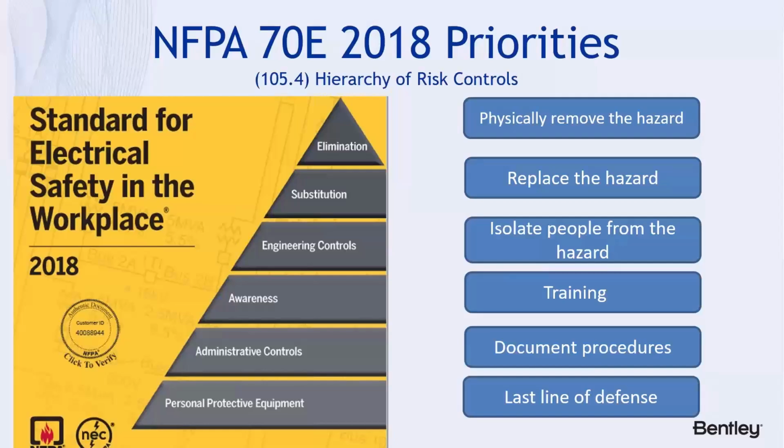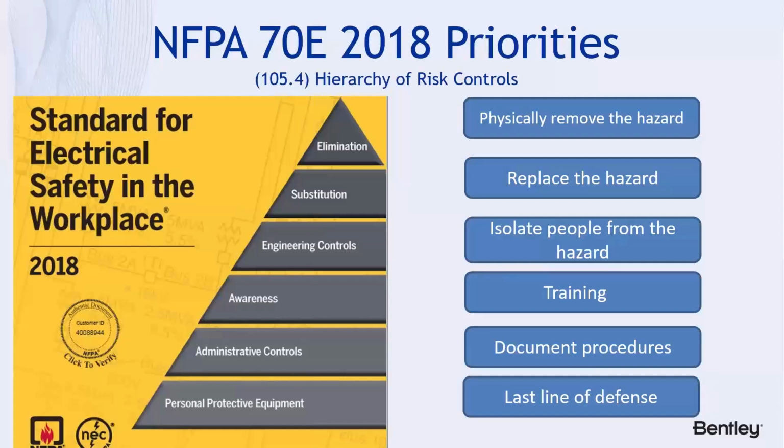In more recent times, it has been recognized that there should be a lot of attention paid to reducing the incident energy before you ever consider putting someone in harm's way, independent of the PPE. So these steps should be taken before you even consider what the PPE should be.